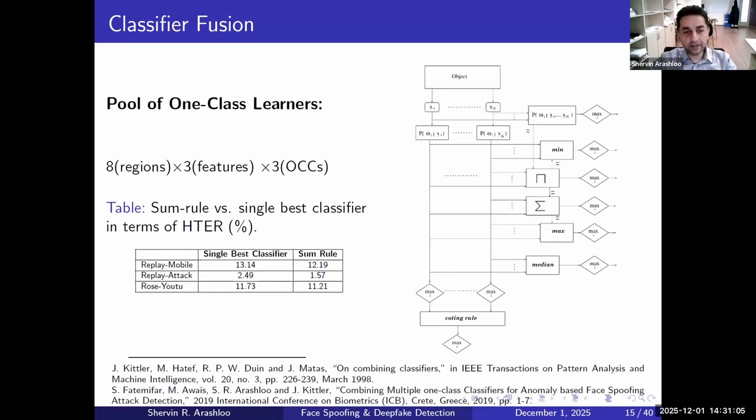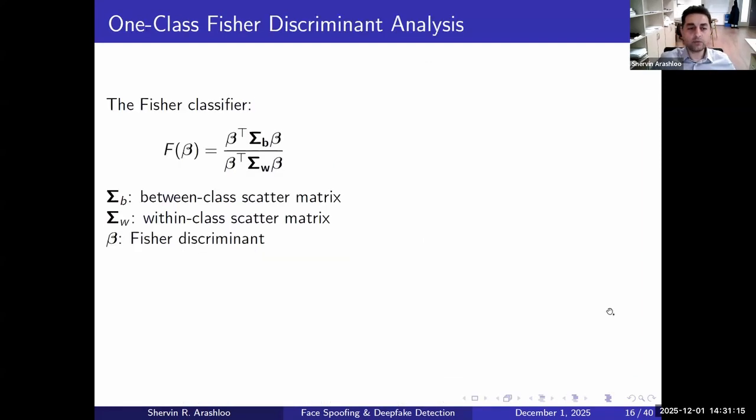It is generally believed that the earlier we perform the fusion, the better the performance of the ensemble would be. So we also looked into the case where, instead of fusing the outputs of the classifiers, we try to fuse the features. For this purpose, we propose another method.